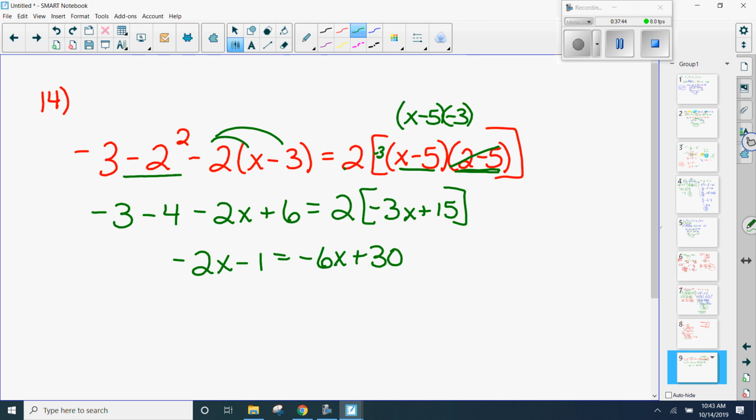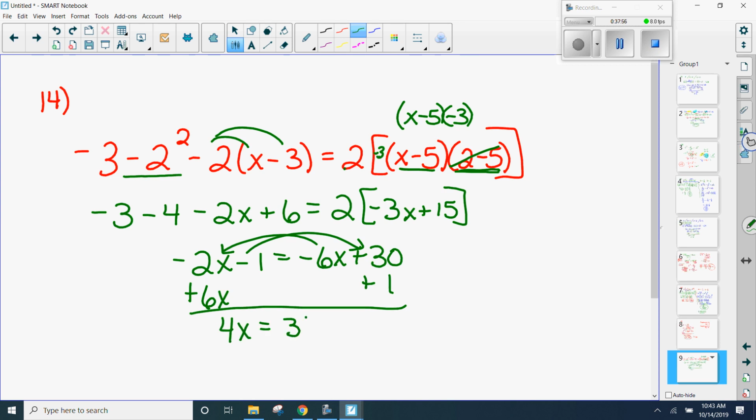Are my calculations okay with everyone so far? You move the 6x over, making it positive 6x. Move the 1 over, making it positive 1. So 4x is equal to 31. What is x equal to? 31/4.